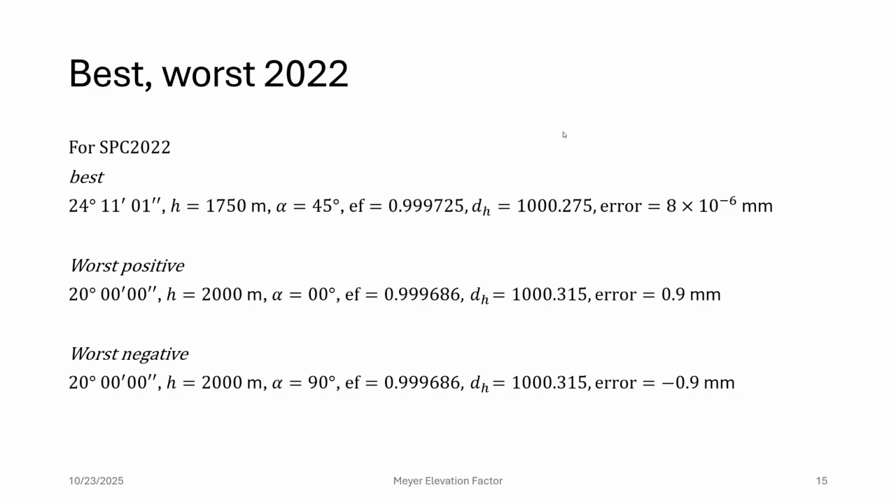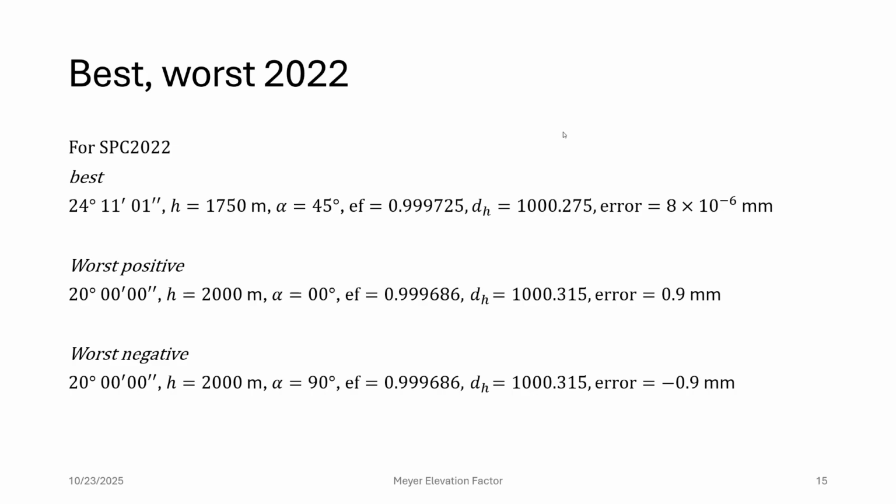So it worked the best, just so happens, at 24 degrees, 11 minutes, 1 second north, with a height of 1,750 meters, not quite the highest. The azimuth was 45 degrees, and the error was 8 times 10 to the minus 6, which is effectively perfect.